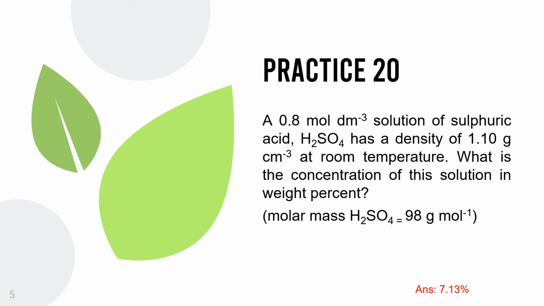So we have this value. Okay, and we have the second value, this one. Okay, so what are those values? We have mole per decimeter cube. Okay, this is mole per decimeter cube. So it means mole per decimeter cube is molarity. Okay, and then we have 1.10 gram per centimeter cube.